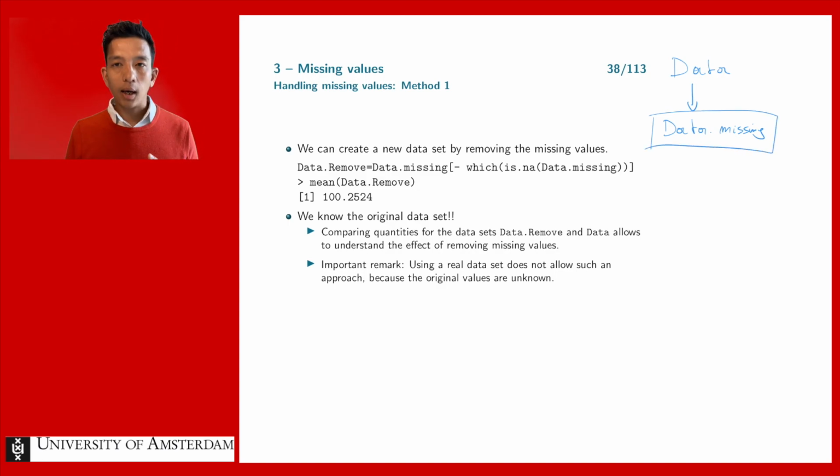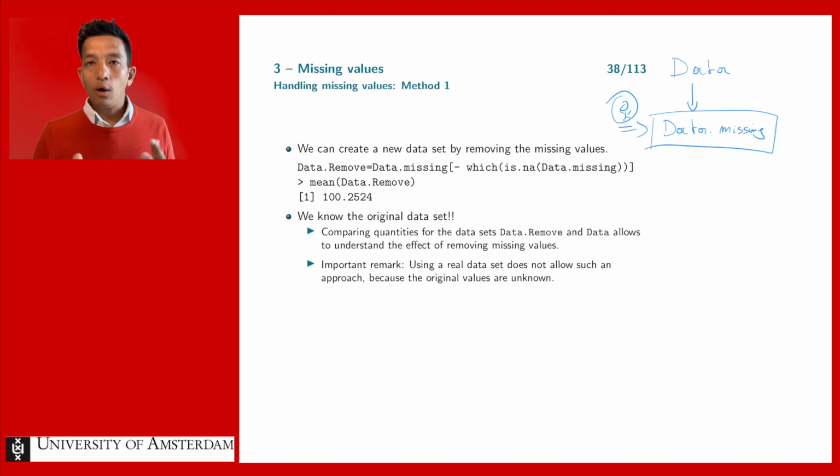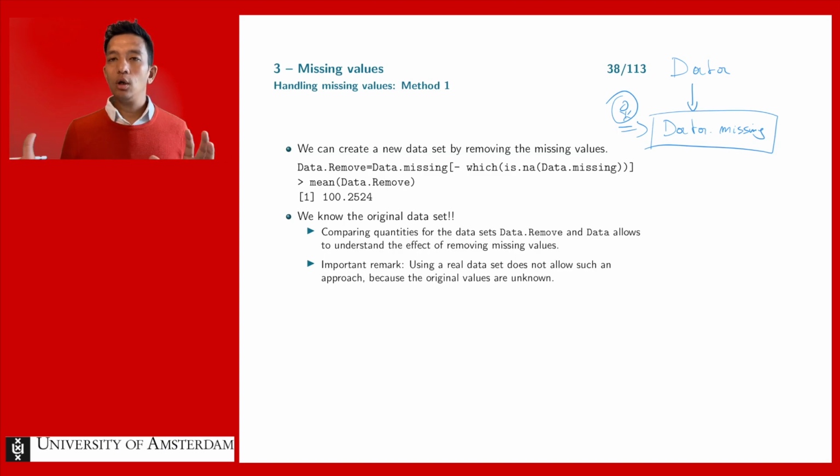So if you start your data science project, then what you get is this data set. So this is our data scientist. He sees that data set with the 200 missing values. Of course, if you want to calculate the mean, for example, of your data, you cannot directly use the data.missing dataset because it will give you an error.